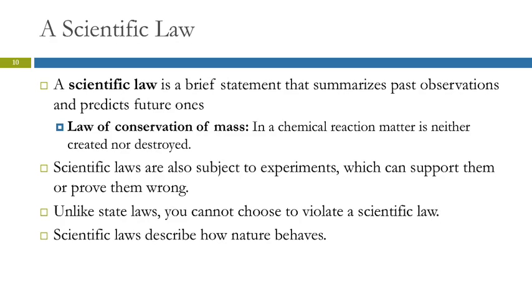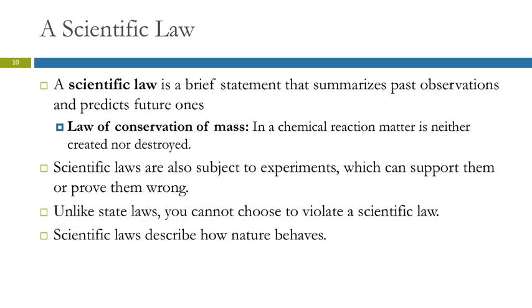It doesn't matter what you believe. If you jump off of a building, you're going to fall down, and you're probably going to get hurt. So you can't just choose to disobey it like you could disobey the speed limit. It's very easy. You can speed on the highway, and you may have some consequences, but you can break the law. You can't break a scientific law.